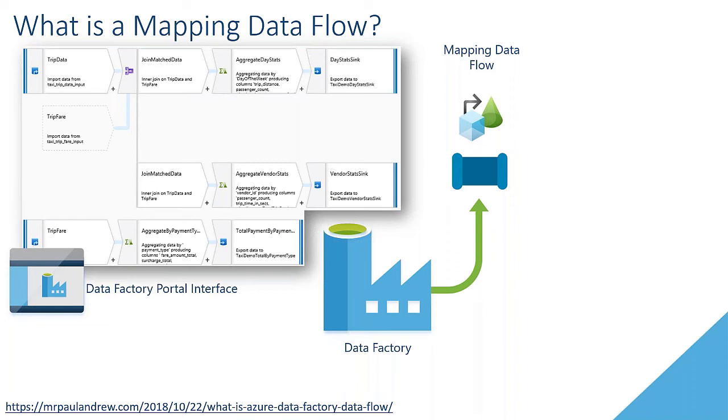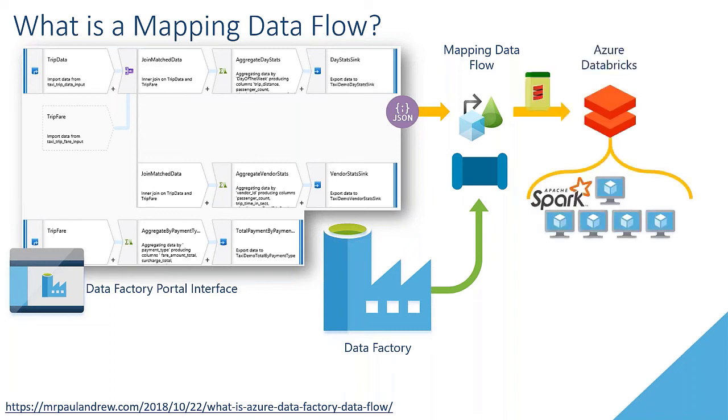We get this graphical interface where we can add things to it and transform our data using the data sets we've been given. Now, the great thing about this data flow capability within Data Factory is that the engine it's actually using underneath is Databricks, or a Spark cluster, to do that transformation work. So we do get this cloud native tech supporting Data Factory to do the heavy lifting, the transformation of our data, which is nice.